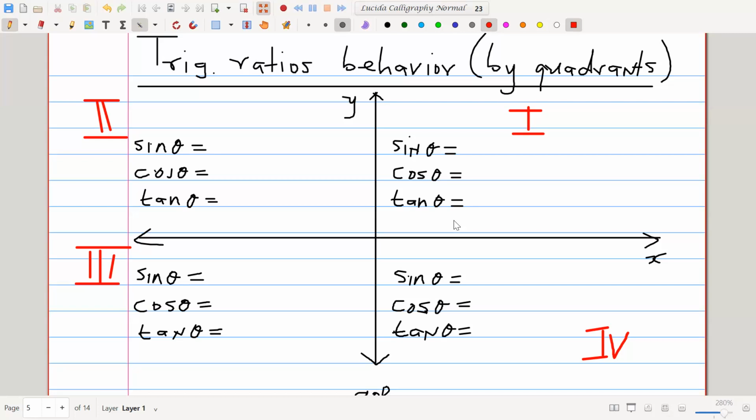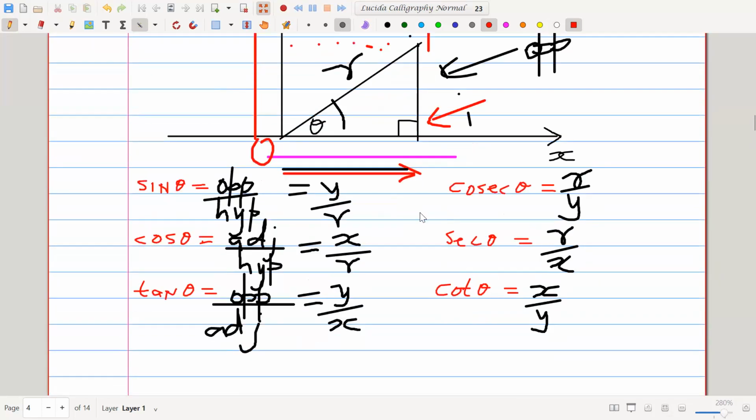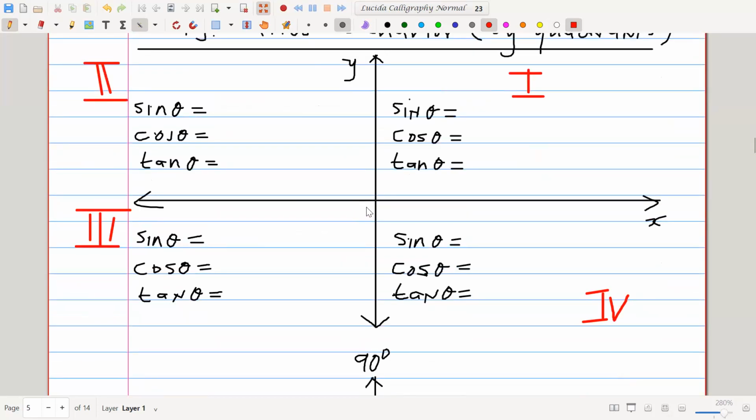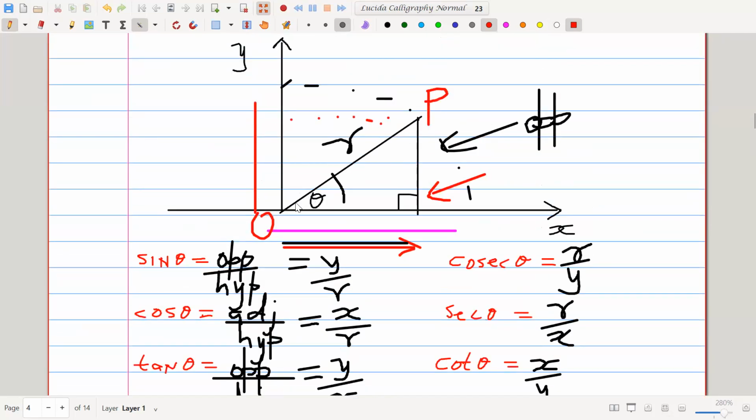In the Cartesian plane, in the first quadrant, x and y are both positive. If you were to define sine, you'll have y over r. But remember, r, from the construction that you have here, is the radius.